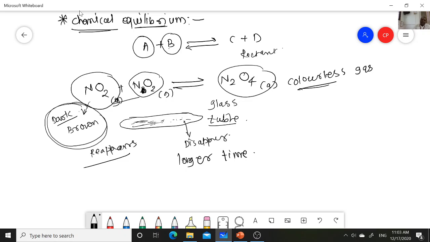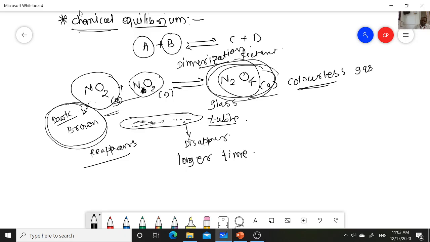Whatever amount of colorless N2O4 gas is forming is again converting into the dark brown gas. This reaction is called a dimerization reaction.